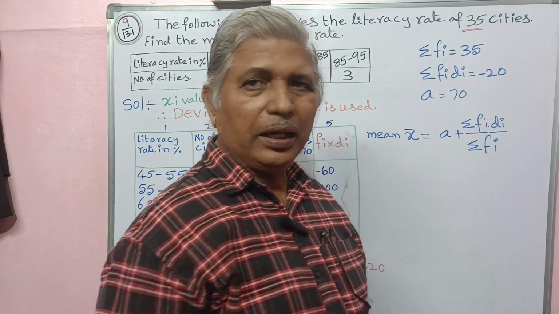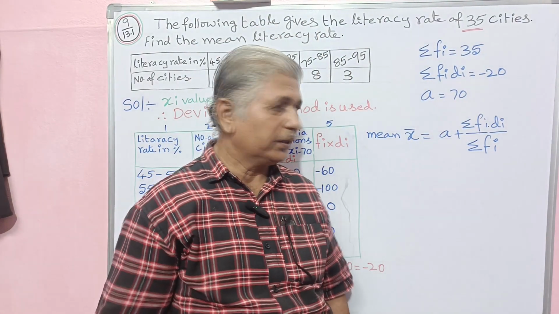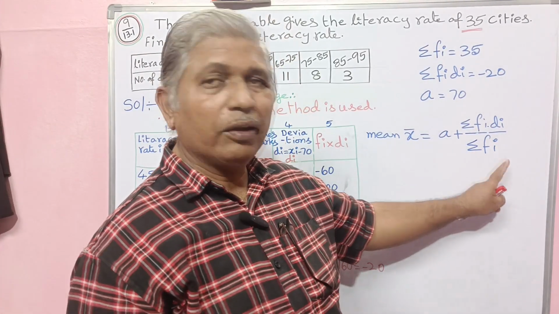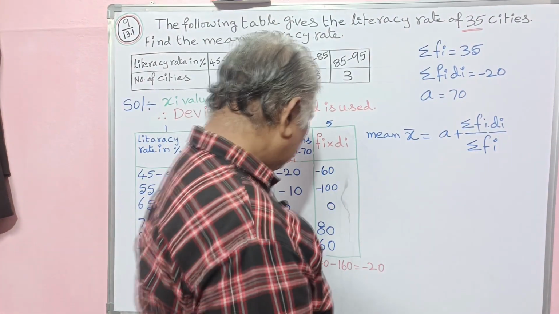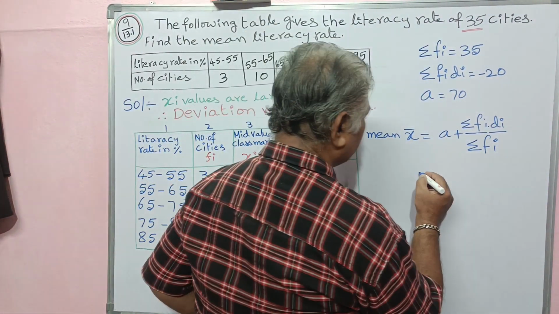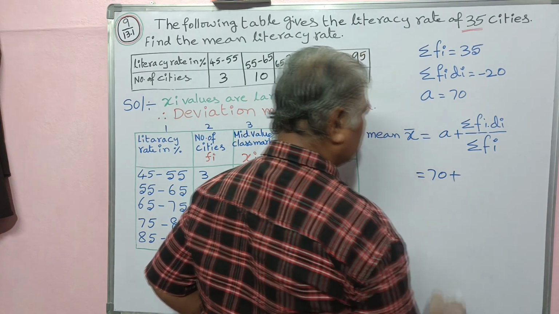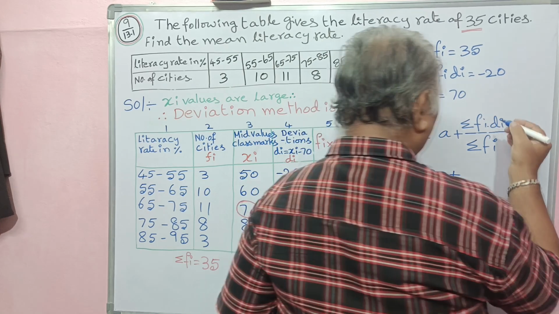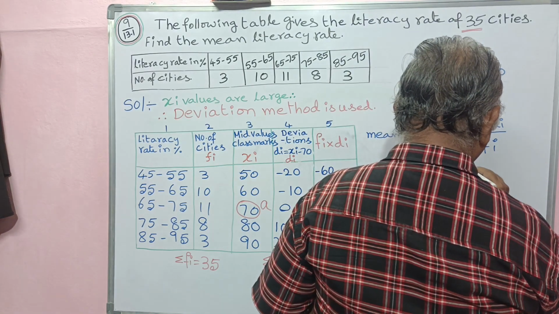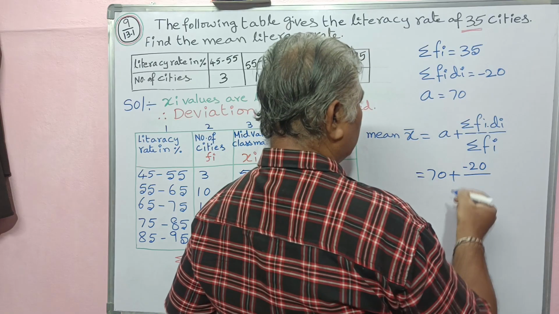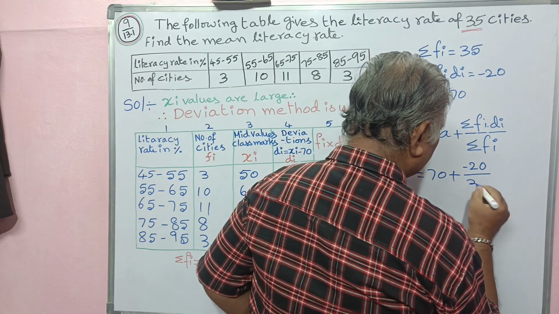This is the formula in the deviation method. Substitute the values. What is A? 70 plus, what is sigma Fi Di? It is minus 20, divided by sigma Fi, which is 35.